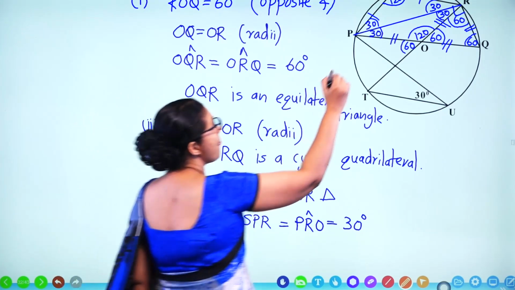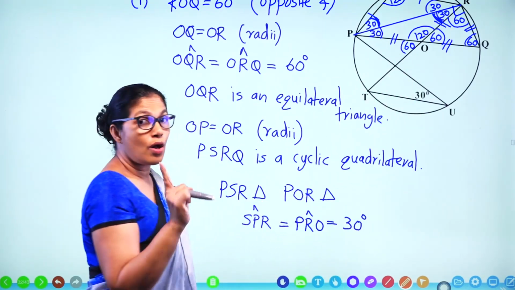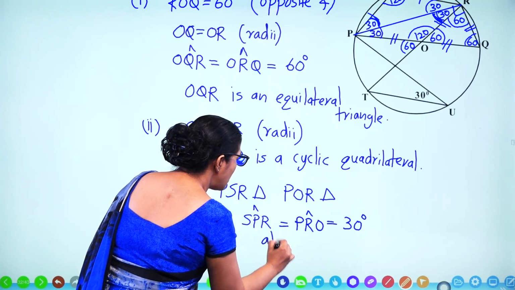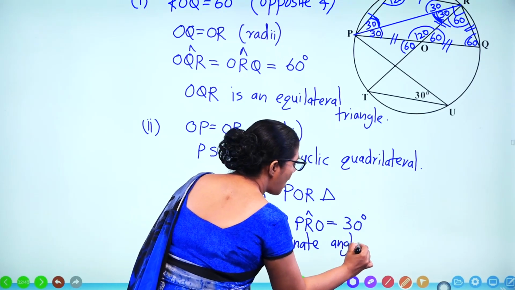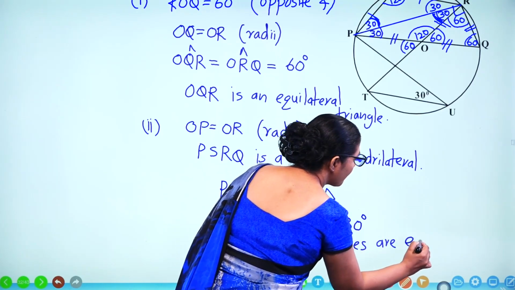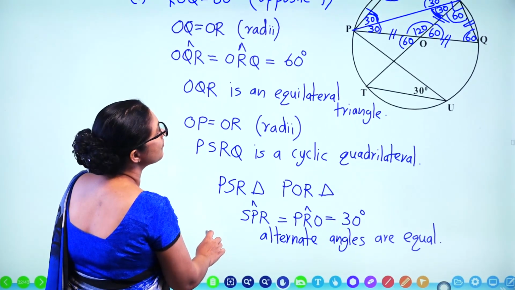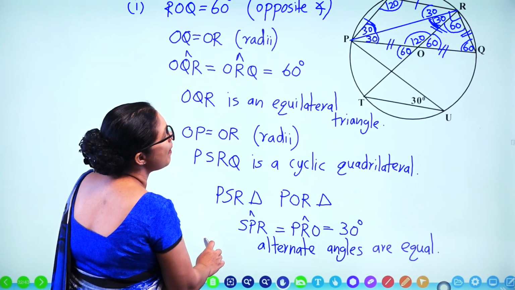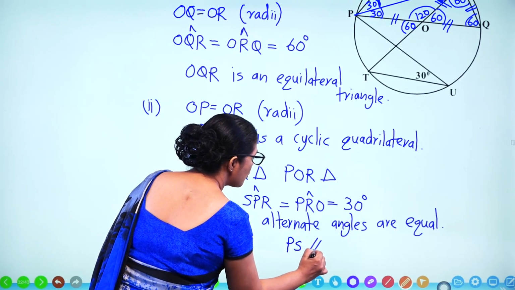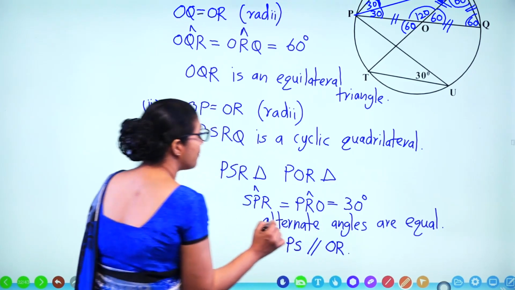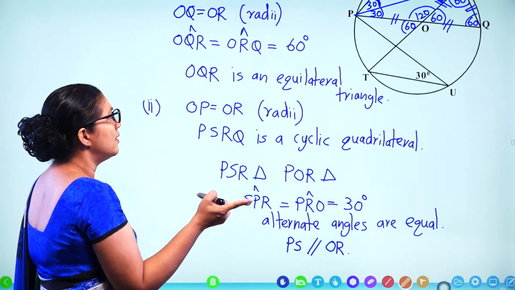But these, this one and this one, are alternate angles. Alternate angles are equal. That means you can say parallel. PS is parallel to OR. That's parallel. So we have to show that equal as well.